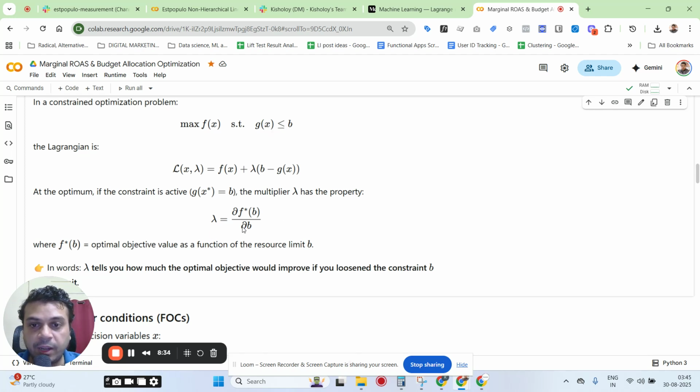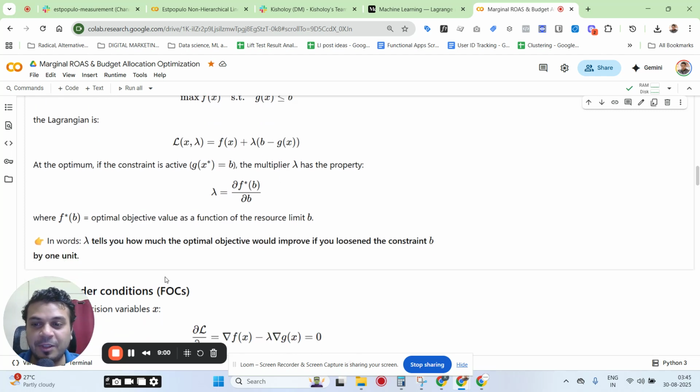Lambda is defined as del f*(b) divided by del b. That's essentially your definition of lambda, where f*(b) is the optimal objective value as a function of the resource limit b, because you're taking b within f(x). That's where you're supplying that constraint value.